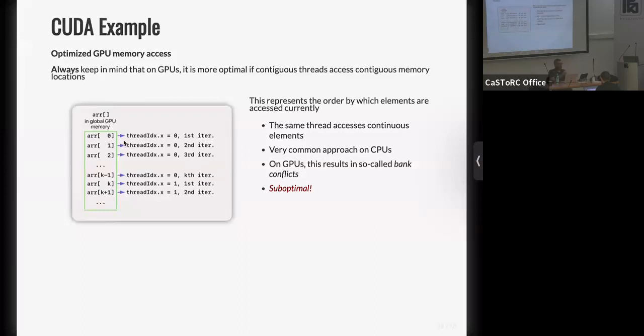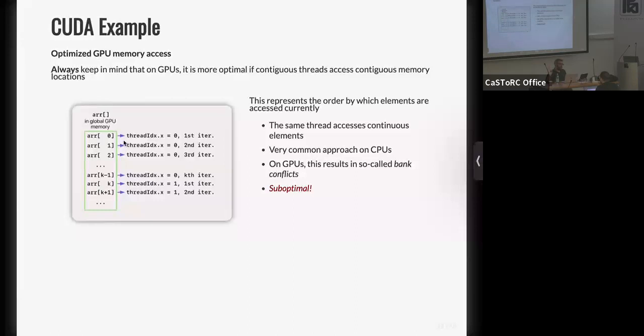This is very common when you do pragma omp parallel for. This is how the threads distribute the work. If you're used to programming CPUs or with MPI, this is probably how you think. But on GPUs, this results in so-called bank conflicts.